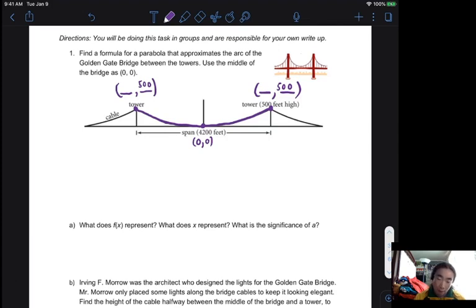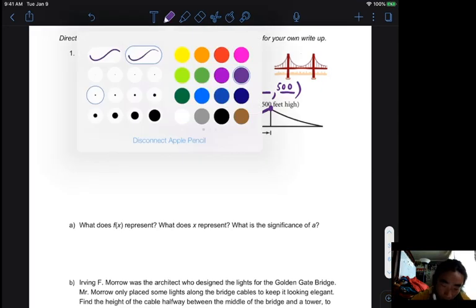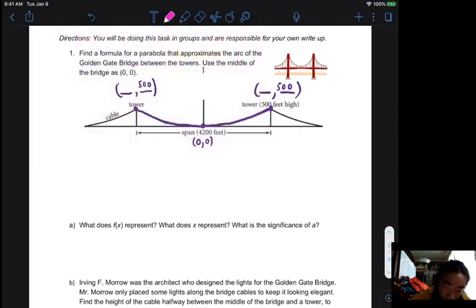Symmetry, correct. As the person found out, over here, this is your line of symmetry. Maybe we'll use pink. So here, along your vertex, which is (0, 0), this is the line of symmetry. So everything is mirrored on both sides. When you know the whole span is 4,200 feet, half of that is 2,100 feet.